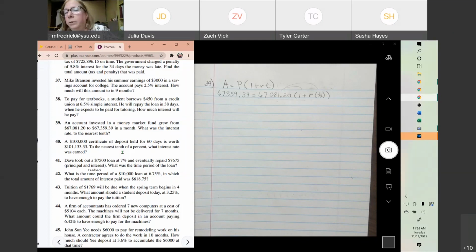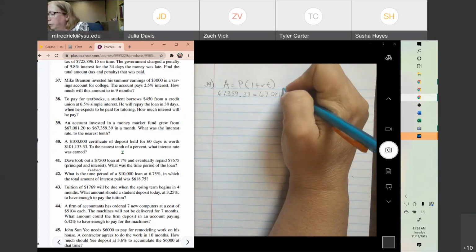Do you think divide or do you think distribute? No preference? Think distribute. Okay. So we'll distribute.